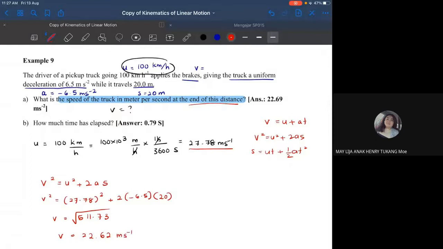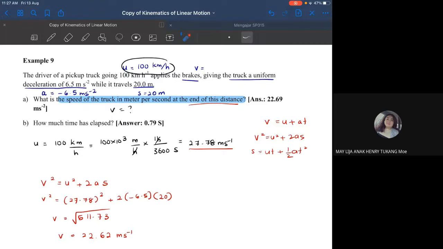So ni pun sama kan, dia punya belakang tak sama. Tapi that's fine je, okay. Asalkan nombor depan ni yang sama, okay. And then sepatutnya dia akan dapat 22.6 lah. Yang belakang tu maybe akan lain sikit. Okay, sebab maybe dia akan guna formula yang lain. So maybe jawapan dia pun lain sikit lah. Okay. Senang je kan, okay.